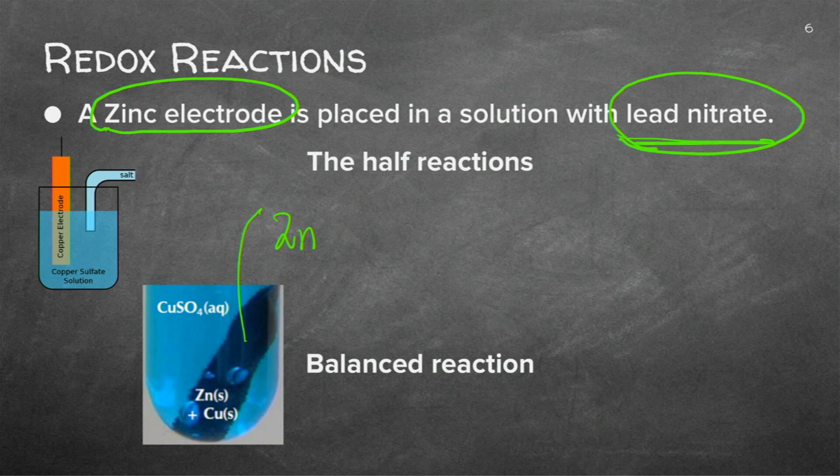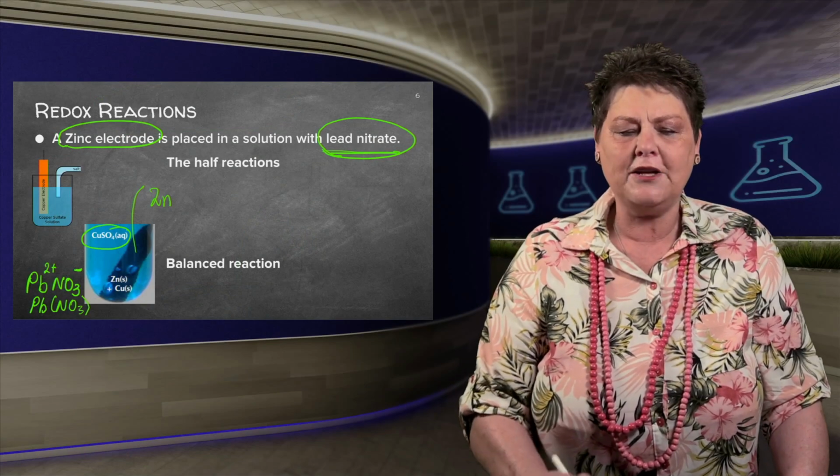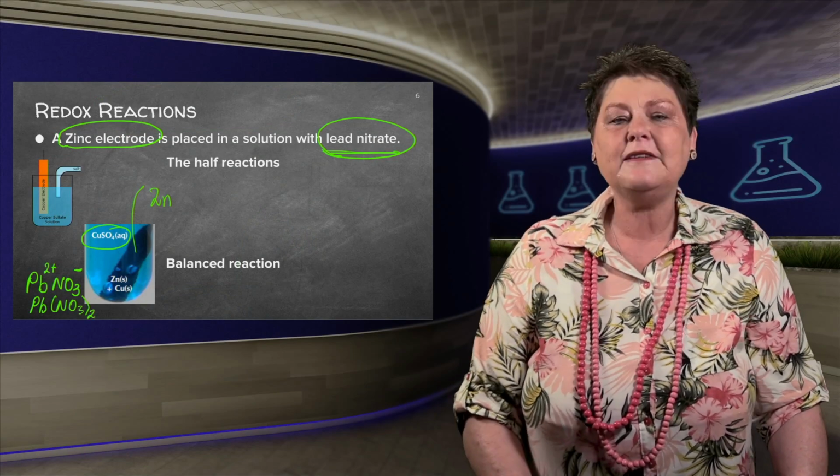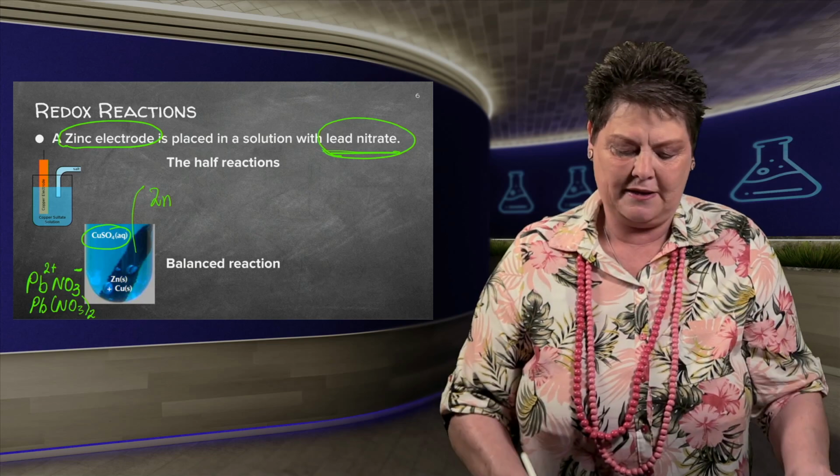The diagram I have is copper sulfate, but this specific example says I've got Pb(NO3)2. Remember, because lead is 2 plus and nitrate is only 1 minus, it will be 2 nitrate groups with every lead ion. So be careful that you have your correct molecules and that you know exactly how the ions fit together.